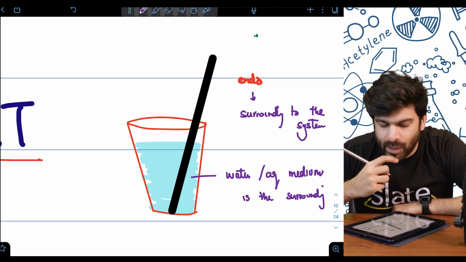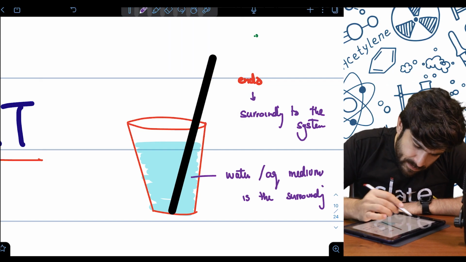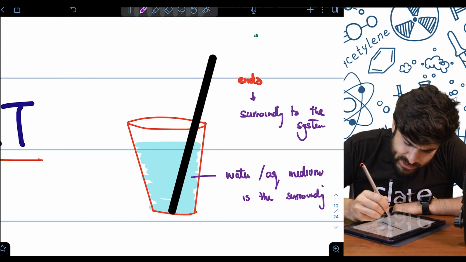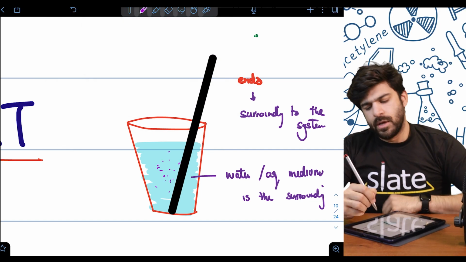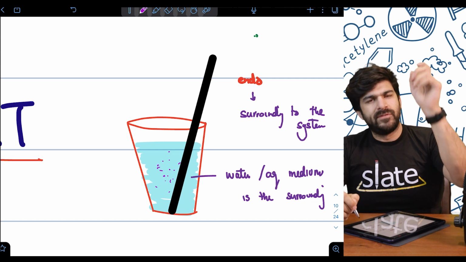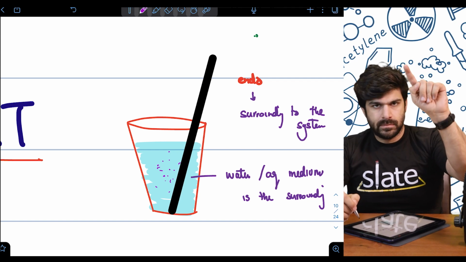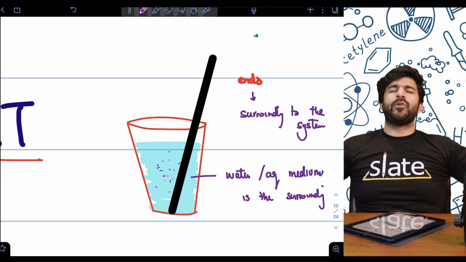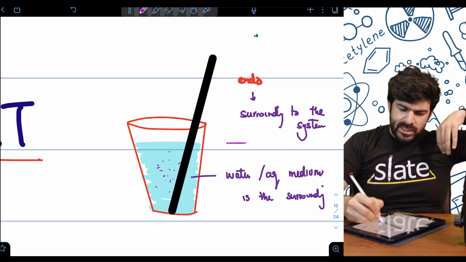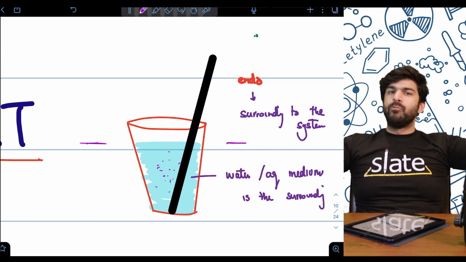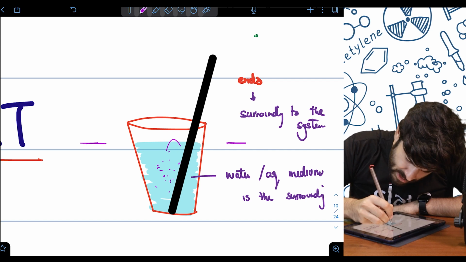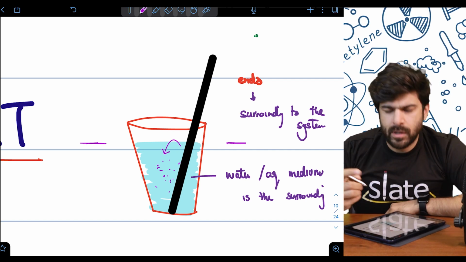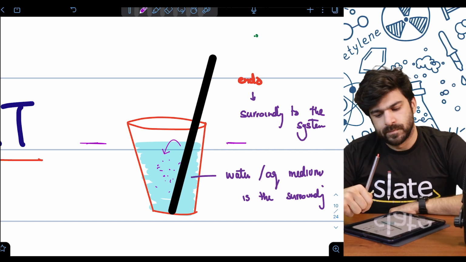Water is considered as the surrounding. The system or particles you cannot see, like chloride ions, sodium ions. So if the reaction is endothermic, it would gain energy from the surrounding. Not just the surrounding outside, but water is the first surrounding. So in endothermic, energy goes from water to the system.